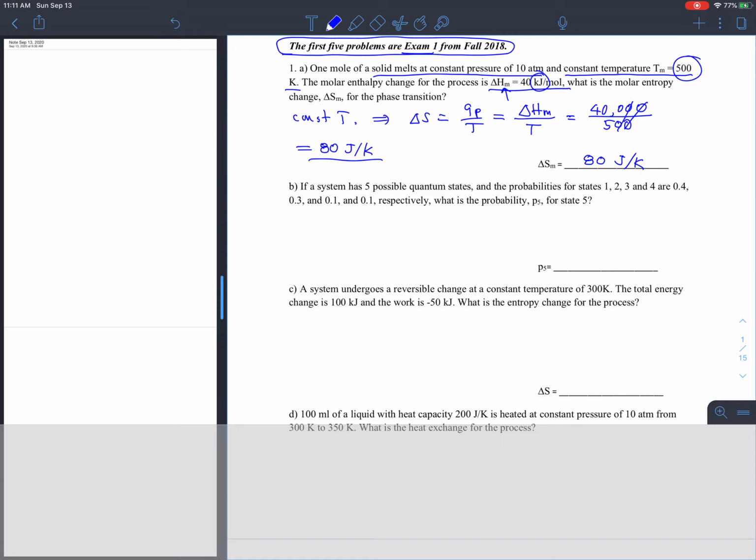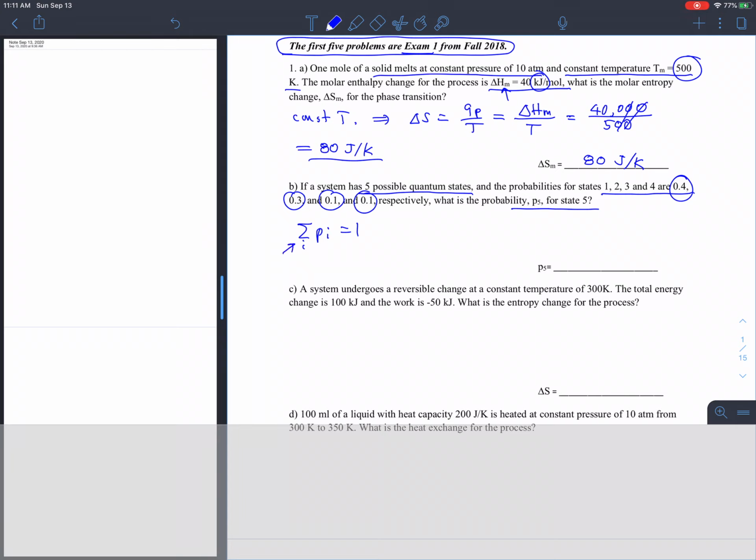Part B says, if a system has 5 possible quantum states, and the probabilities for states 1, 2, 3, and 4 are 0.4, 0.3, 0.1, and 0.1, what is the probability P5 for state 5? This relies on the fact that the sum of all the probabilities for any system has to add up to 1, no matter how many states there are.